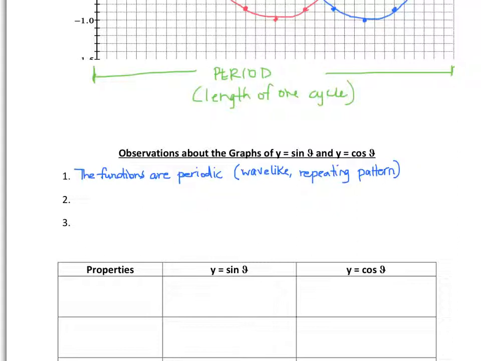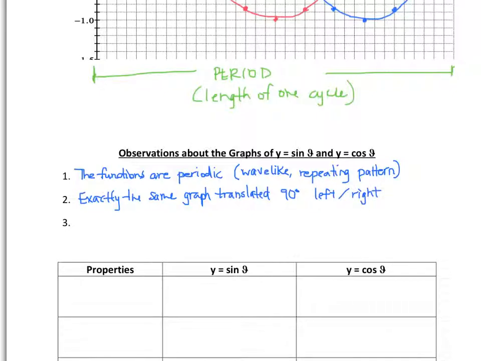Okay. Second thing I want you to notice is that the shape of these graphs is actually exactly the same. So y equals sine theta and y equals cosine theta are exactly the same graph, just translated or shifted 90 degrees to the left or right, depending on which one you're starting from.